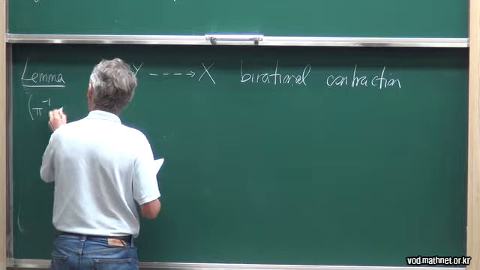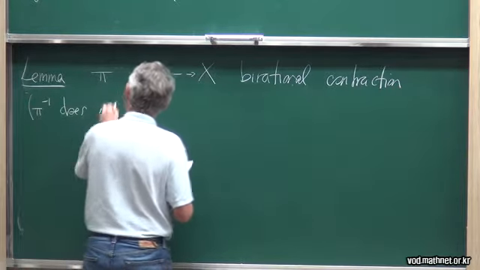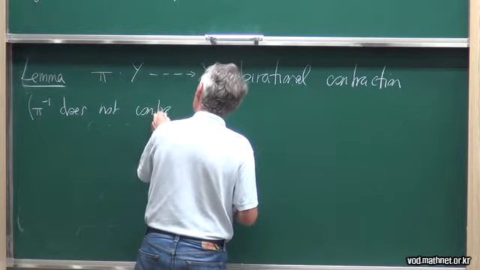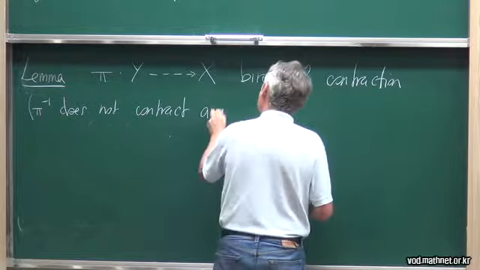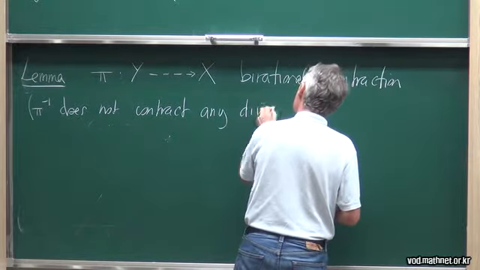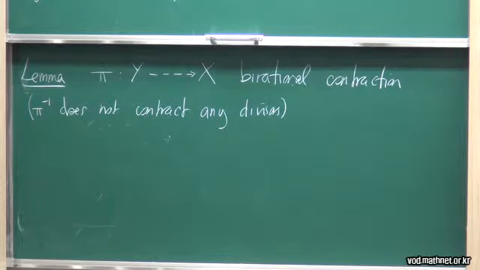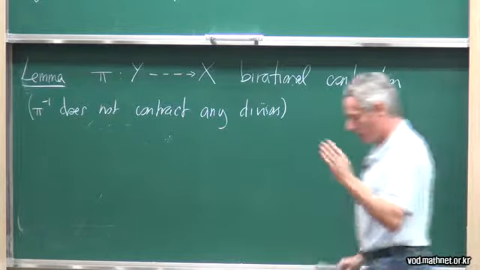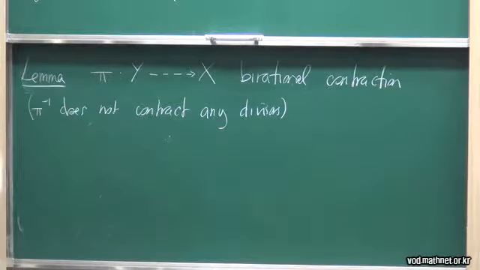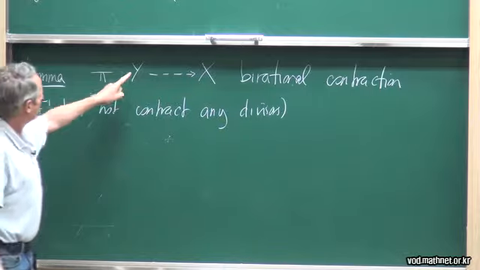That pi inverse does not contract any divisors. So it's very natural to see these sorts of maps in the minimal model program, because in the minimal model program you run the minimal model program, so you contract divisors or you'll flip. And that's exactly what happens for such a map.